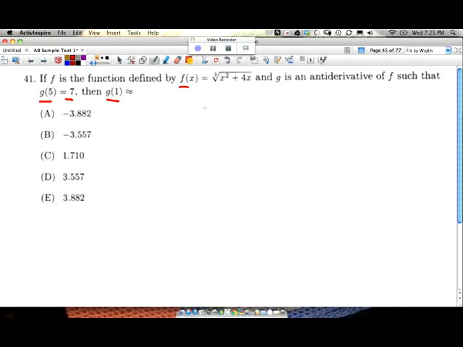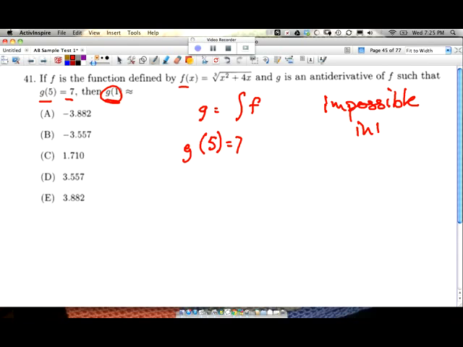G is the antiderivative of f, and g of 5 equals 7. Okay, so we got to figure out what g of 1 would be. Well, I know this is one of those impossible integrals. Here's how we do it.